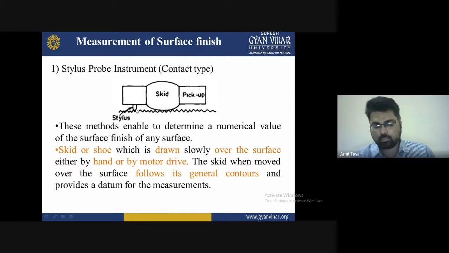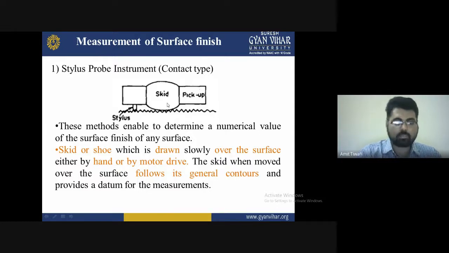Second is the skid, the middle part. A skid or shoe is drawn slowly over the surface, either by hand or by a motor drive. The skid, when moved over the surface, follows the general contour and provides a datum for the measurement.